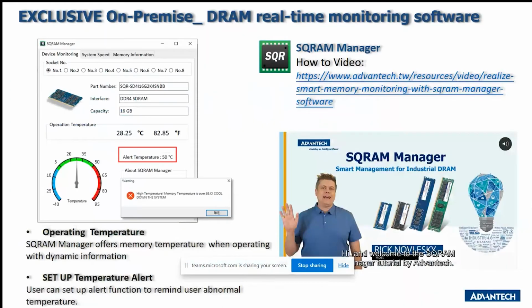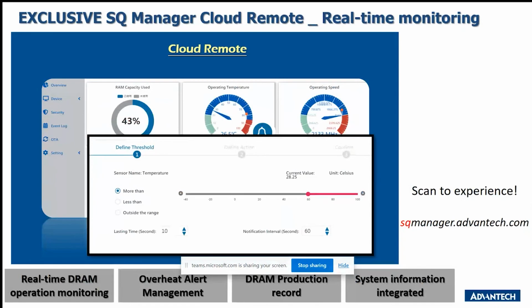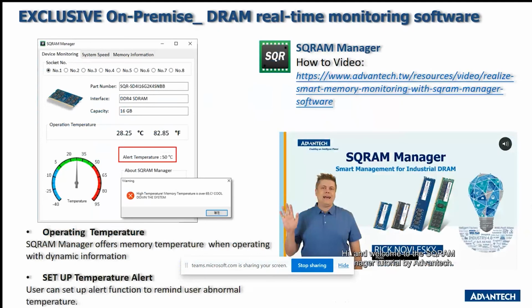All right, this one is cloud based. So besides the cloud, we also have an exclusive on-premises DRAM real-time monitoring software to monitor the RAM operating temperature.